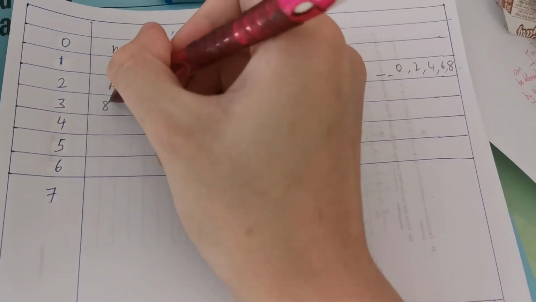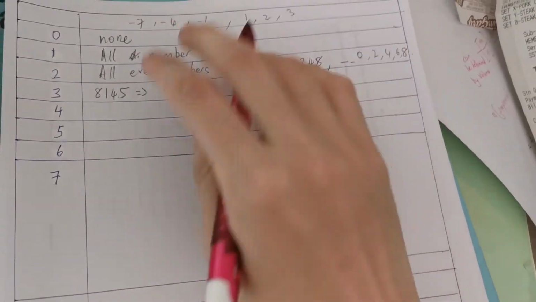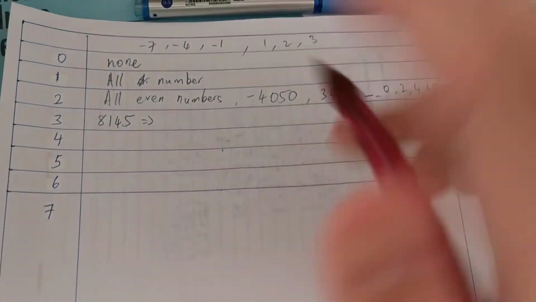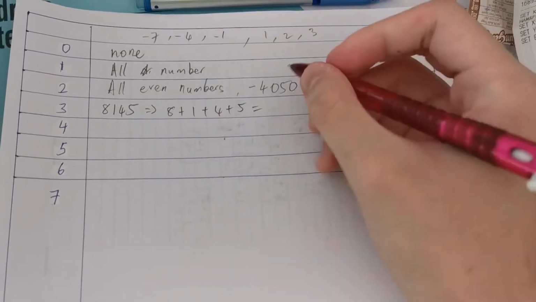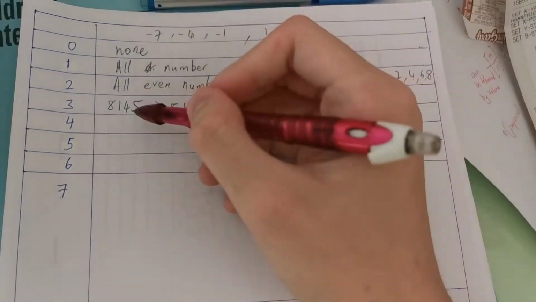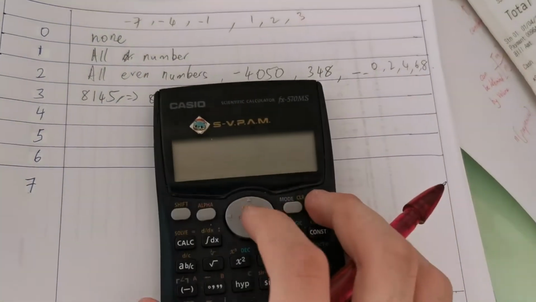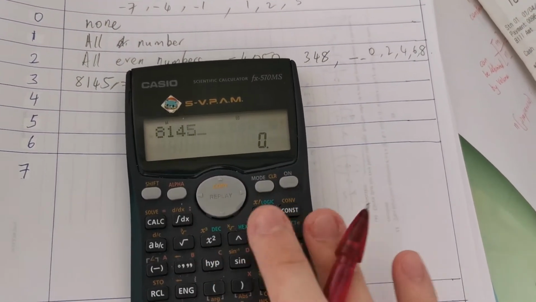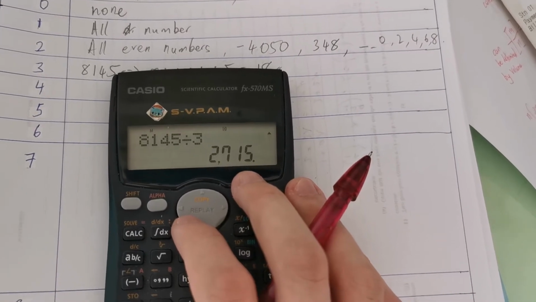Let's add up all the digits and we get 18. So 18 is divisible by 3, hence 8145 is divisible by 3. See, you get 2715 without a remainder.